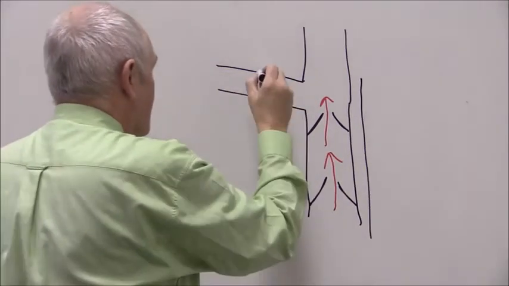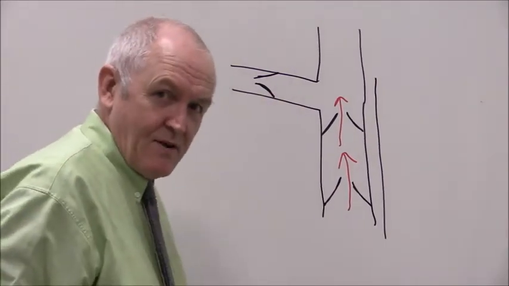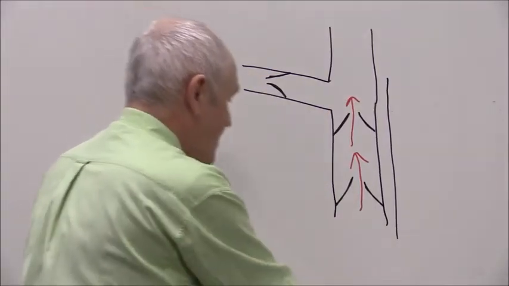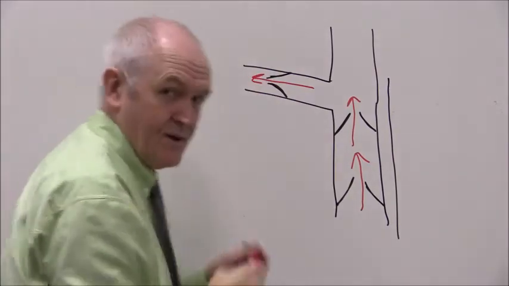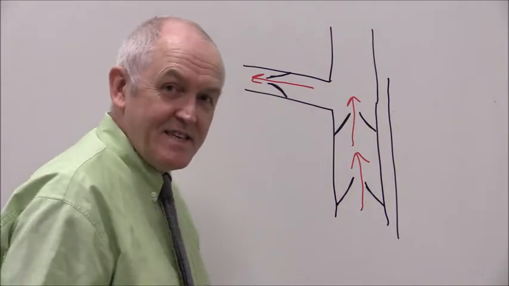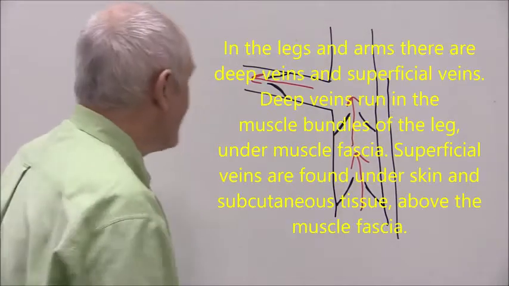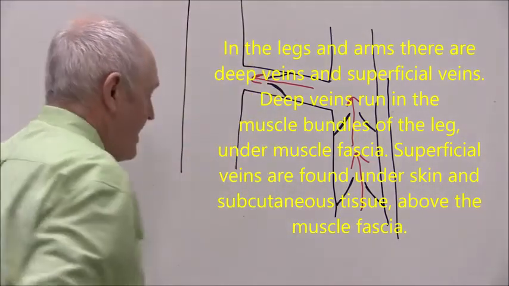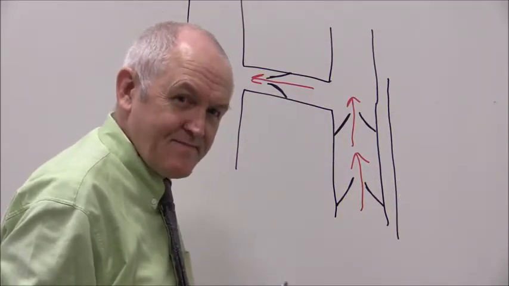And again, this has got valves. And we notice the valve is that way round, meaning the blood can go from the superficial vein through this vein here. But where does it go? Well, this blood goes into the deep veins, into the deep venous system. So here we have deep veins. And the thing about deep veins is they are inside the muscles.